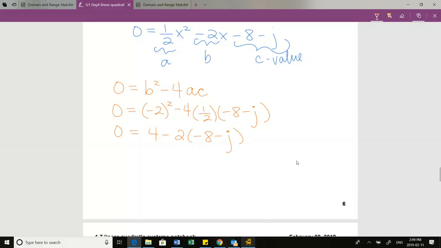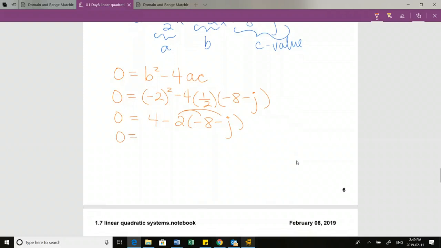Okay, so before anybody asks me where this -2 came from, 4 times 1/2, 1/2 of 4 is 2, right? So I'm just putting these two things together to get that -2 there. Okay, we're going to bring the -2 in so that we can start to get j moving around here. So positive 16 and positive 2j. And now my job is just to isolate.